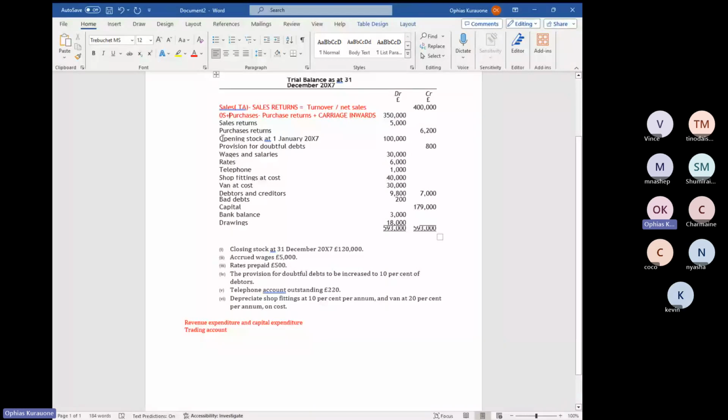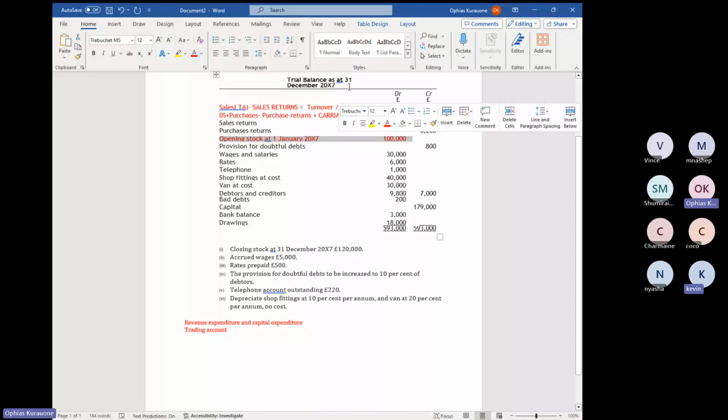This is the opening stock. We look at the dates. Dates are very important. So here we take our opening stock from the trial balance.